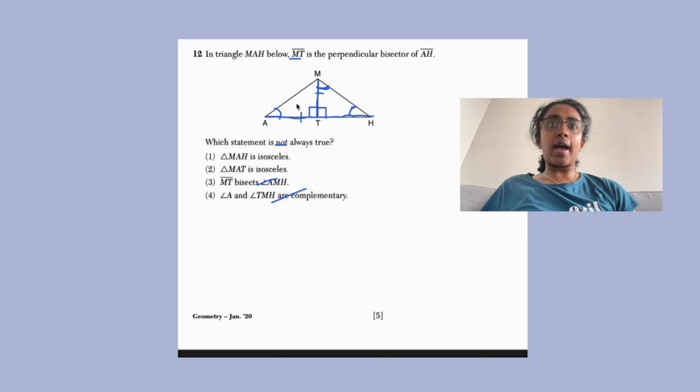MAT does not always have to be isosceles. And MAH obviously has to be, because the perpendicular bisector is splitting this triangle.